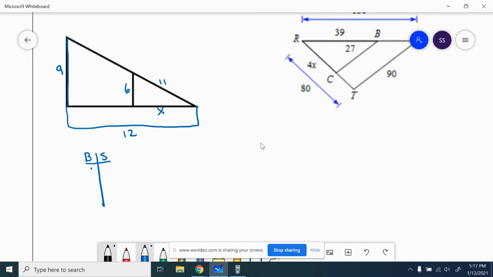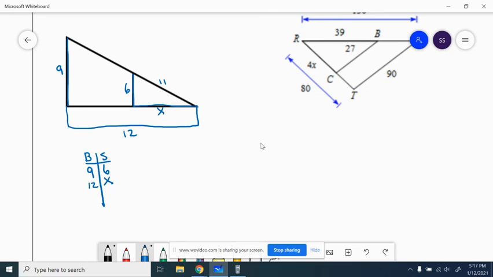Right here is 9. The side length is 9. It corresponds to this side for the small triangle. So 9 is proportional to 6. And we're looking for this bottom side here. So the bottom side for the big triangle is 12. The bottom side for the small triangle we don't know.